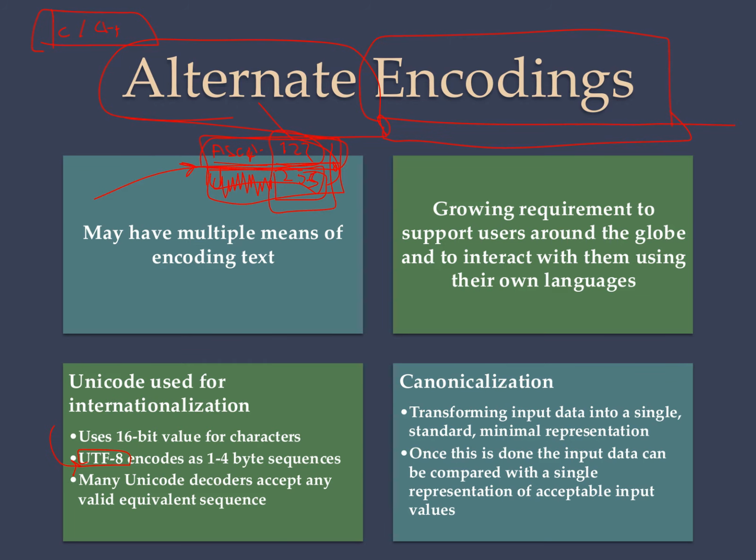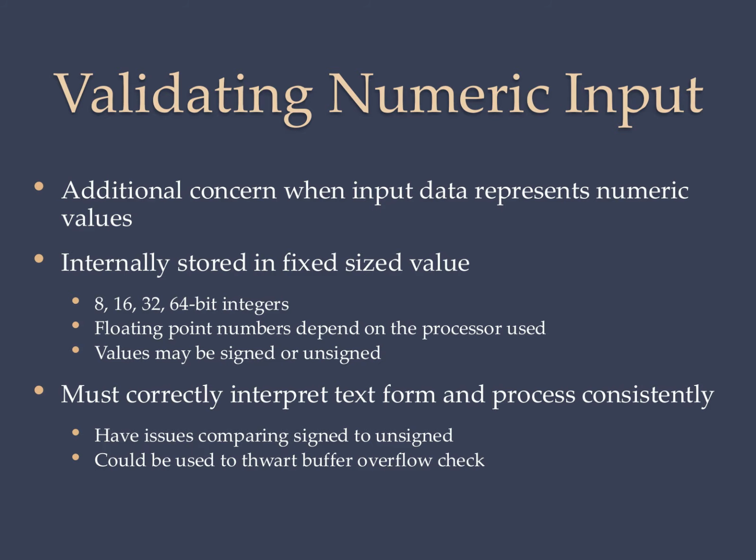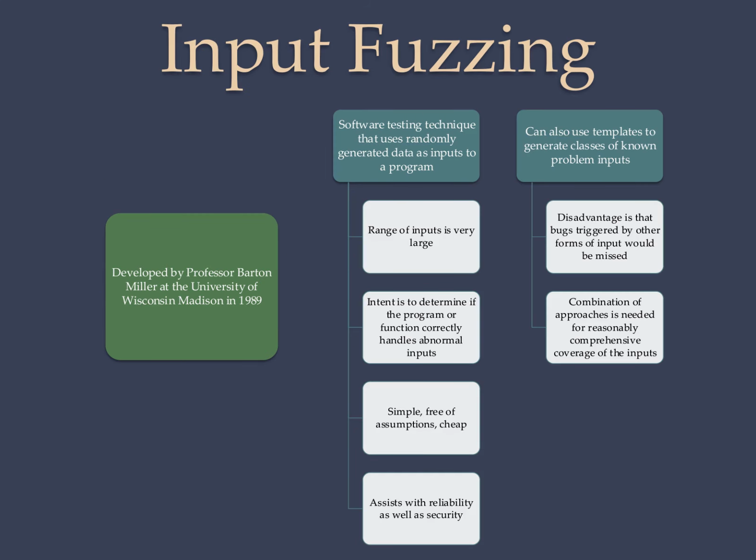And validating numeric input also has a significant point in integer overflow. This is a little bit different from the buffer overflow, but the integer overflow could create memory corruptions on the one hand, and on the other hand, it creates calculation errors and even financial loss based on what we do.